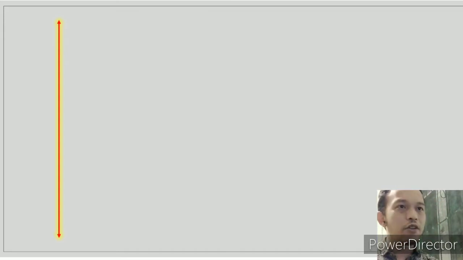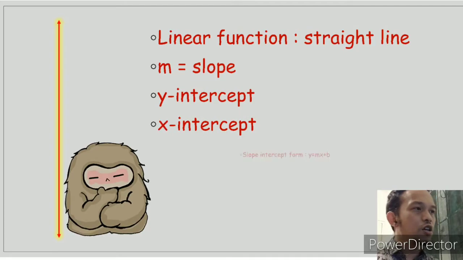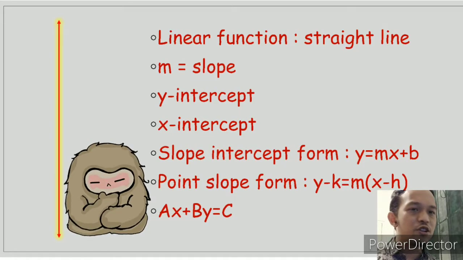Okay, if we're speaking about the straight line, about linear functions, let's recall everything that we've learned so far: slope, y-intercept, x-intercept, slope-intercept form, point-slope form, and this form. I want to clarify that we have to stop using only y and x.